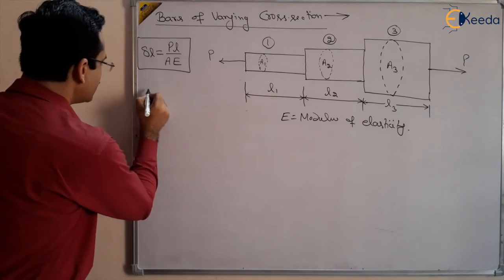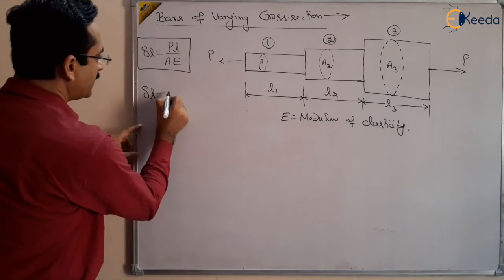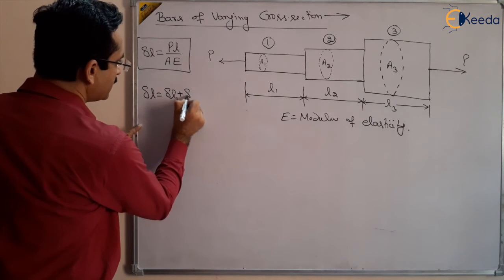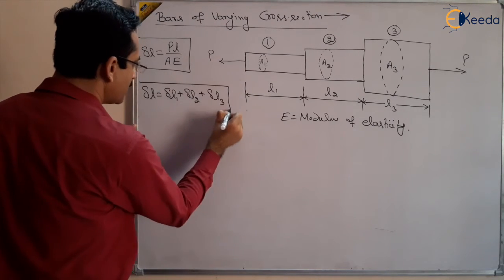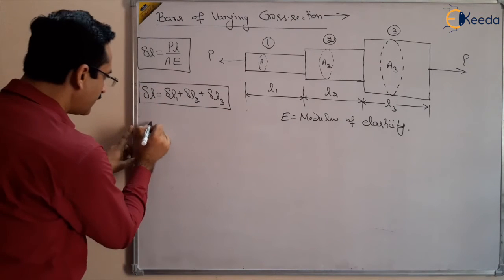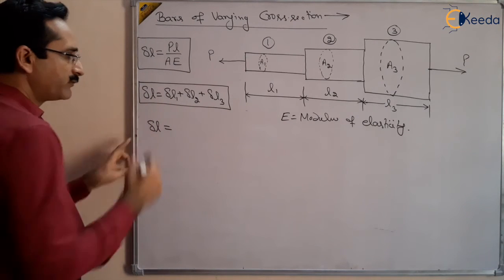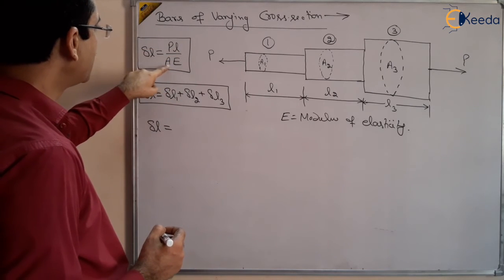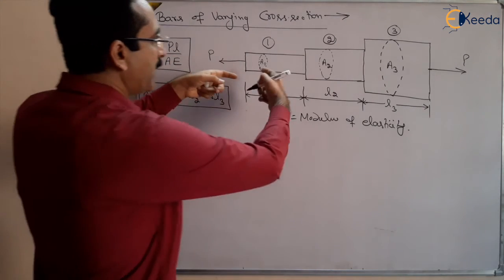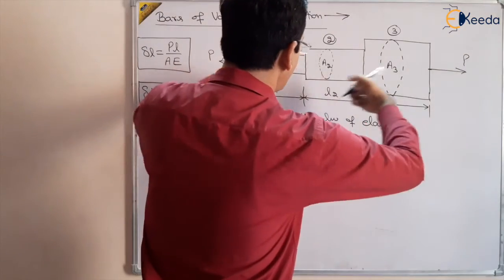So delta L total will be equal to the deformation in one part, plus the deformation in the other part, plus the deformation in the third part. So this is the total deformation in the bar. So delta L will be equal to delta L1. Delta L1 has length L1 and area A1. Load is the same. We have applied the same load to all the parts of the bar.